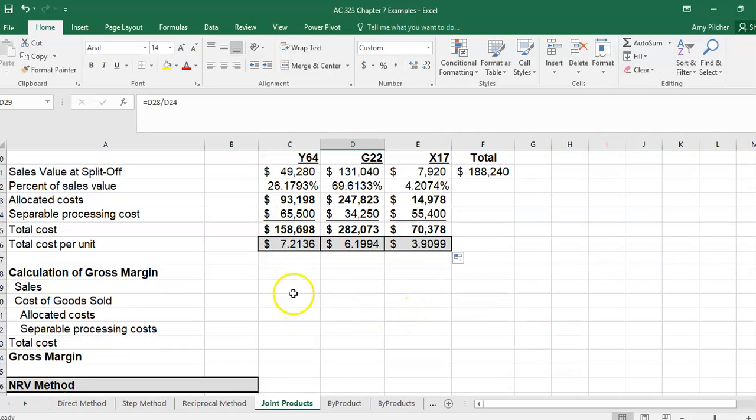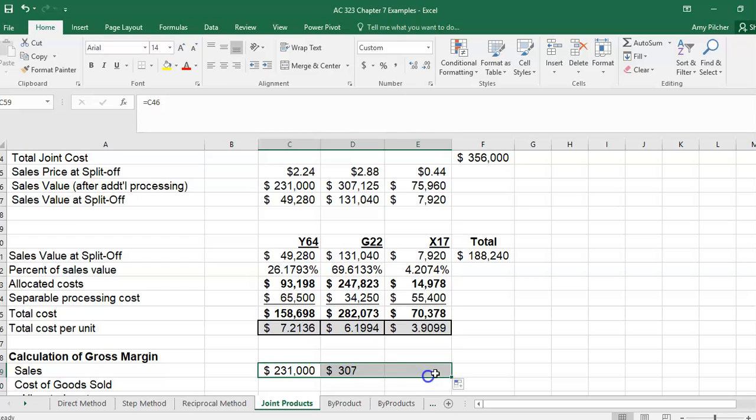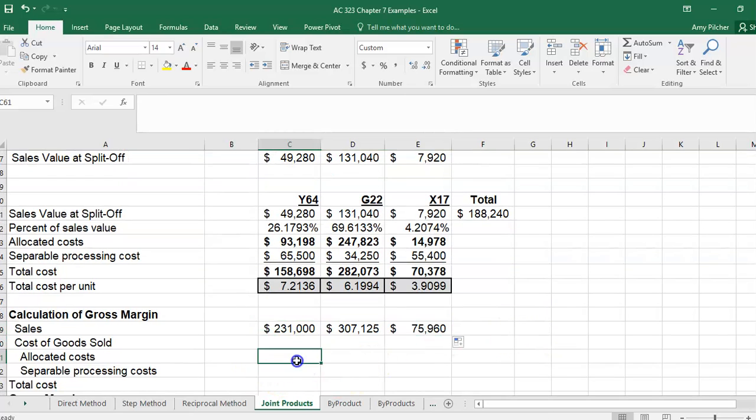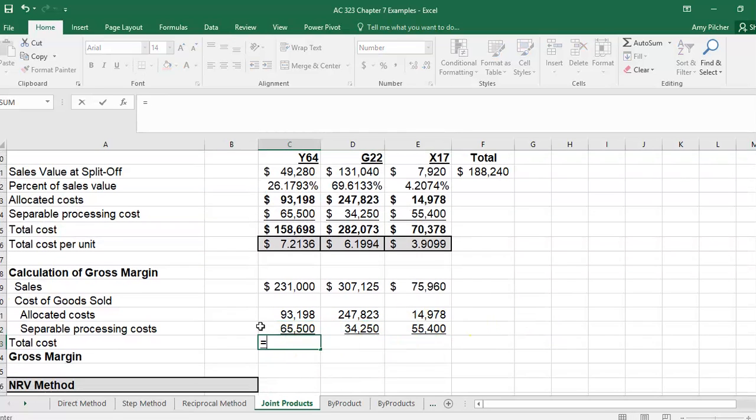So we want to determine what our gross margin is if we use that allocation method. So we have our total sales amount, our cost of goods sold, we have our allocated amount that we calculated, and we have our extra processing costs for each unit, total cost.